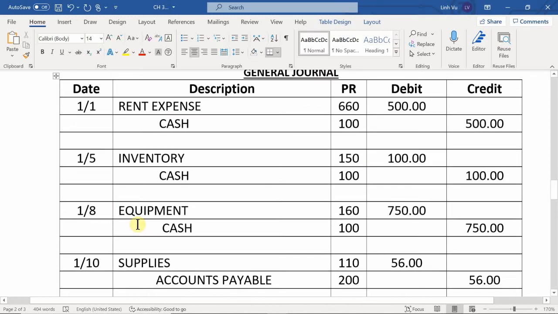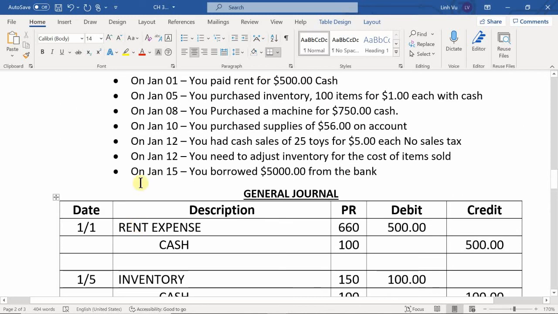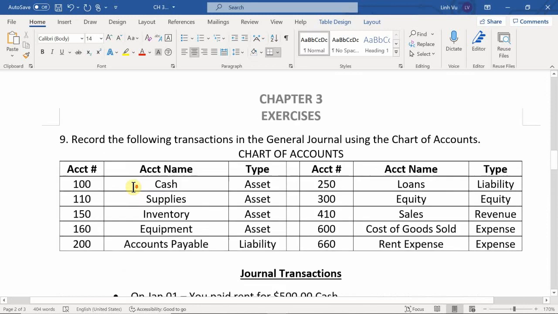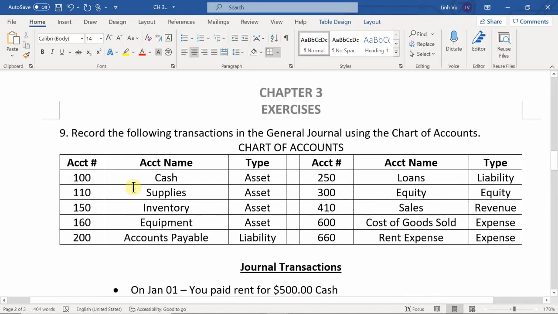Last but not least, on January 15, you borrowed $5,000 from the bank. That's a loan, correct. Now let's take a look. Liabilities. We have 250 for loan. Is that an increase to the credit?